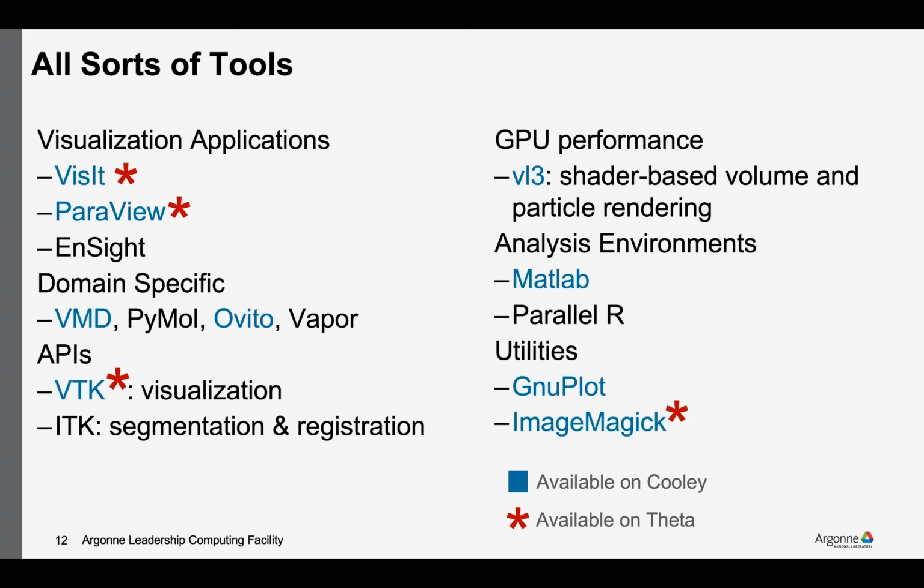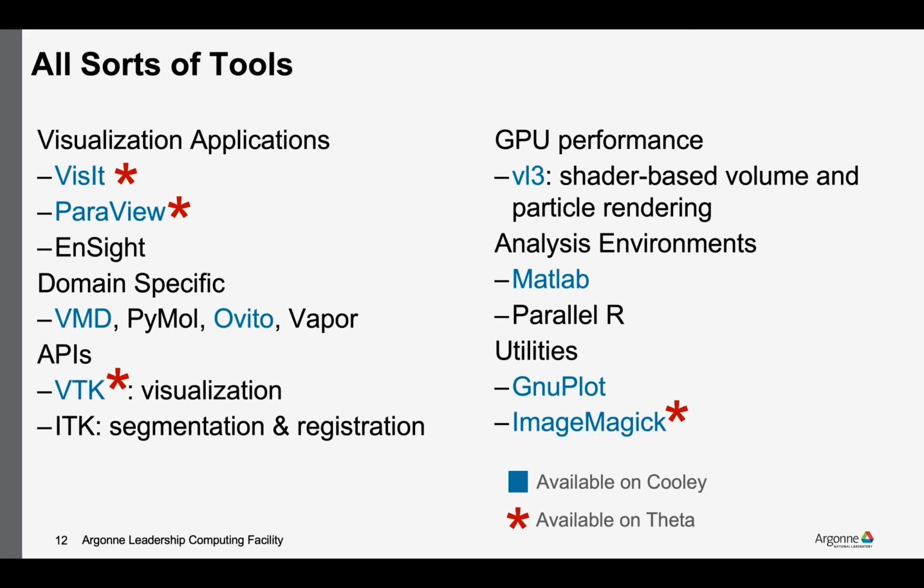In terms of using some of these tools this week, VisIt and ParaView are both available on both Cooley and Theta. There's other tools that are more domain specific. As I mentioned, VMD, you'll hear more about from John, and VAPOR, some more this afternoon from Scott. There's APIs like the Visualization Toolkit, VTK, which some of the other things are built on top of.